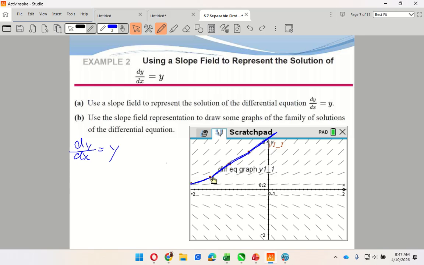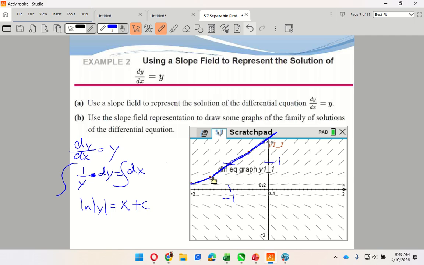Okay. So picking that point right here, separate it out, I get 1 over y dy is equal to dx. Integrating, I get ln of absolute value y is equal to x plus c. And then what point did I use? I used -1 and 1, right?